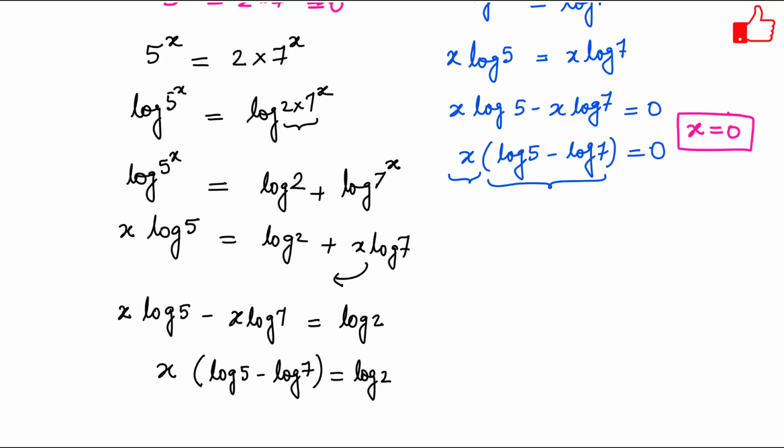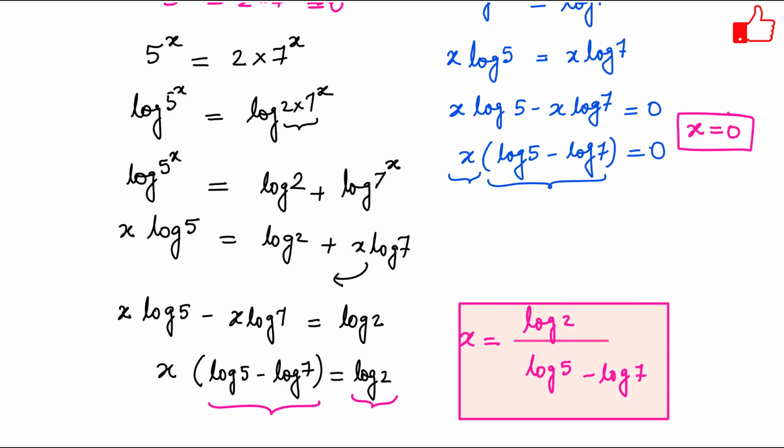So from here I can say x is equal to log 2 divided by log 5 minus log 7. So this is another possibility for x. So there are two possible values of x, one is x equal to 0 and another is log 2 divided by log 5 minus log 7.